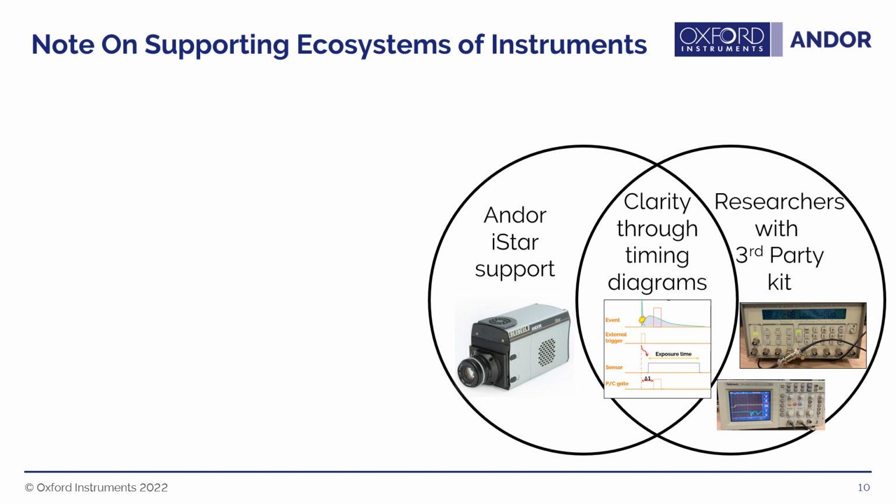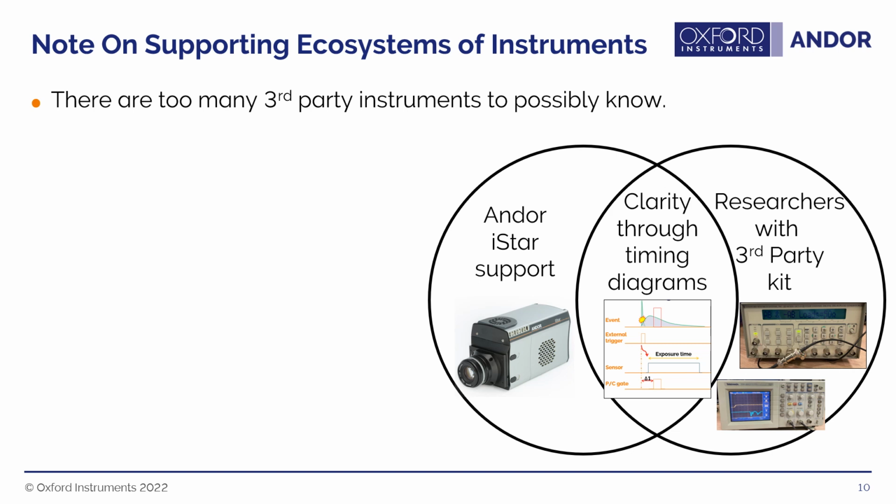So now I want to think a little bit more about how Andor can help the customers working with large ecosystems of the types of instruments that I've just been discussing with you. So one thing to note is there are too many third-party instruments for any one person at Andor to know or to have ever used.